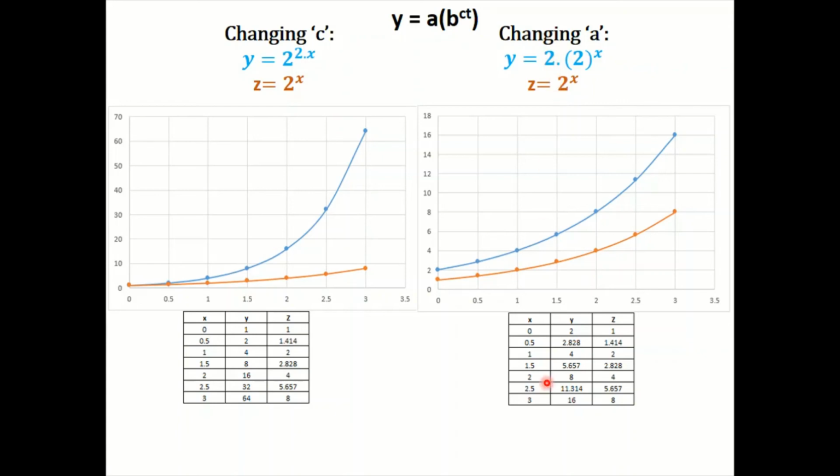Again, we have indicated values for x, plugged these into the above exponential functions, and we've calculated y and z, and plotted these two curves. y is the blue line, z is the brown line, and what we are seeing here is that as the value of a increases, it also serves to compress the exponential curve towards the y-axis.